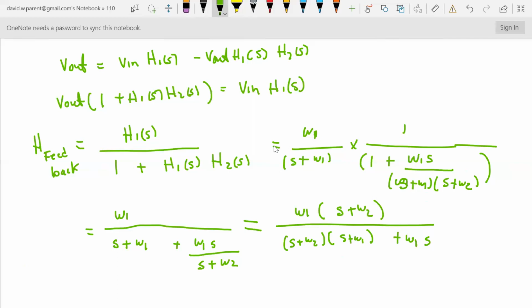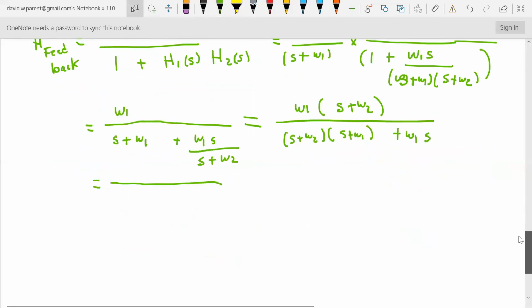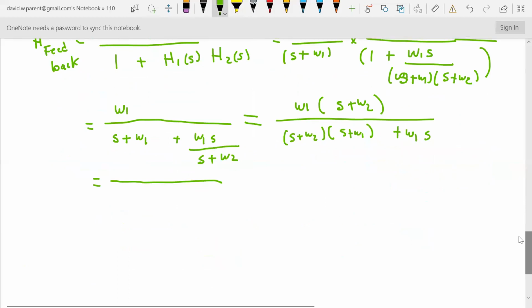Okay. Now, the thing that I was trying to say yesterday is we have S squared plus omega 1 plus omega 2 S plus omega 1 omega 2.